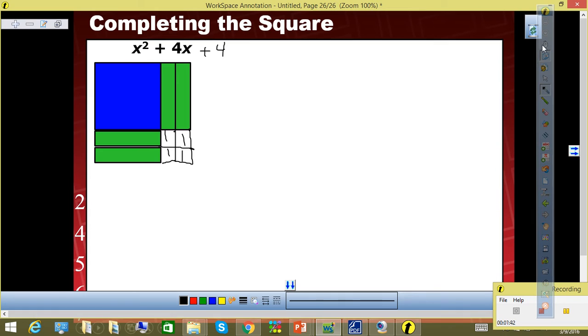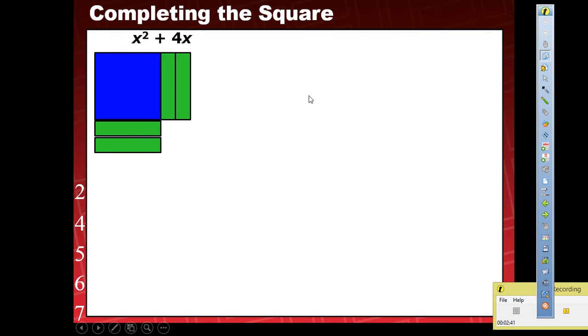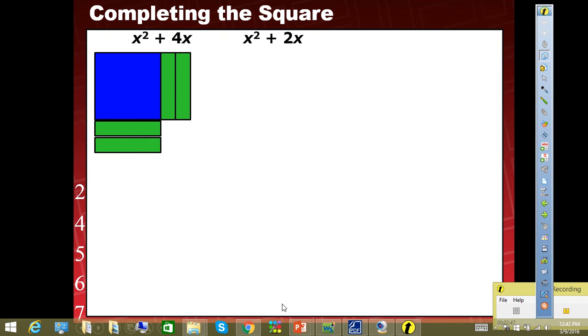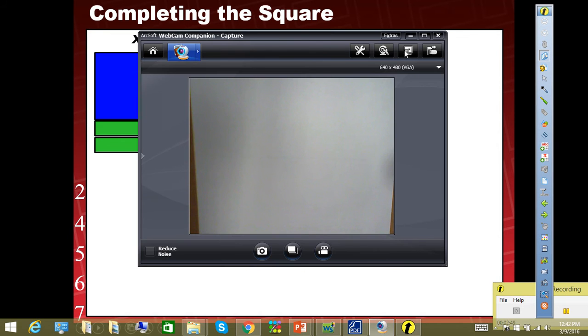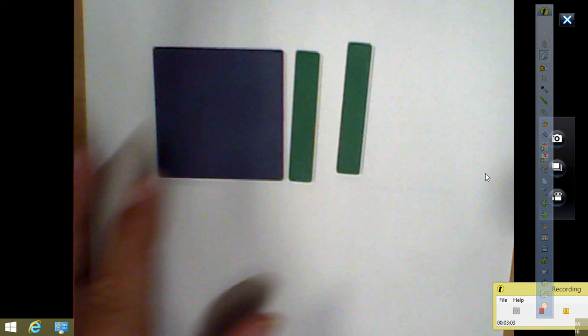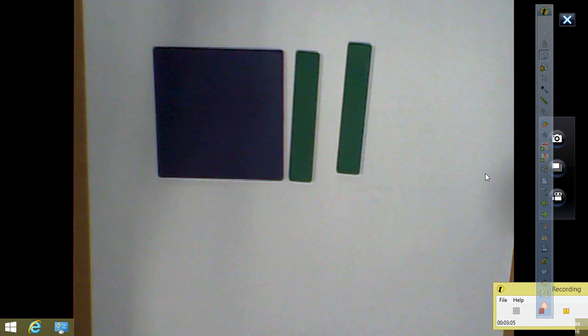I'm going to do a couple more. So I'm going to do x squared plus 2x. Let me get my tiles. Here's x squared and 2x. Are we there so far? And I need to make it a square.